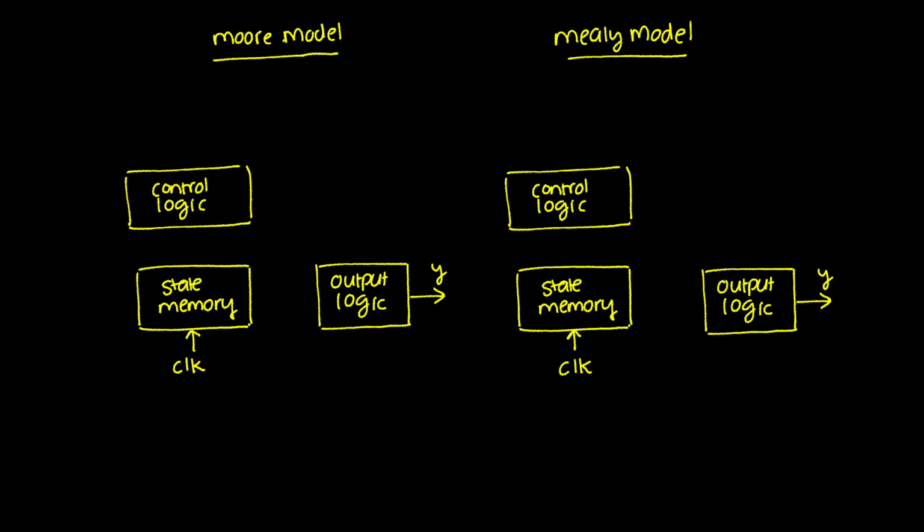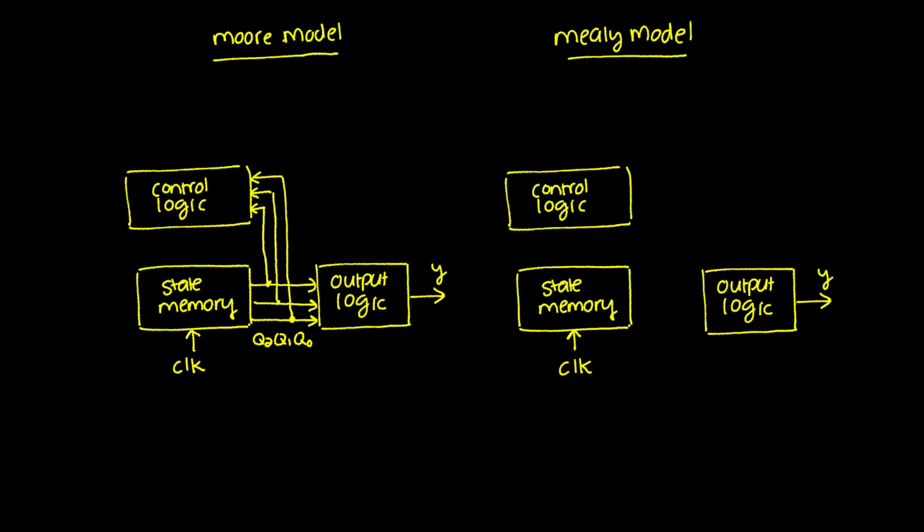So I am going to write 3 arrows here, and I'm just going to write them below because I don't want things to get messy. Basically I had Q2, Q1, and Q0 coming out of my state memory, going to my output logic. Simultaneously, they also went to my control logic.